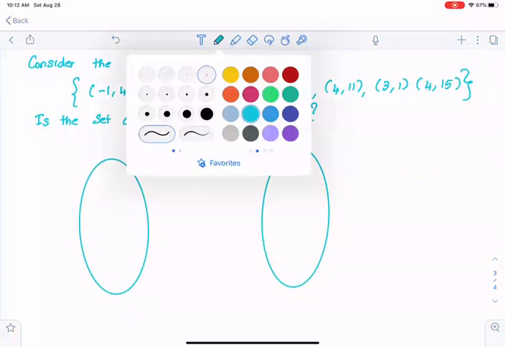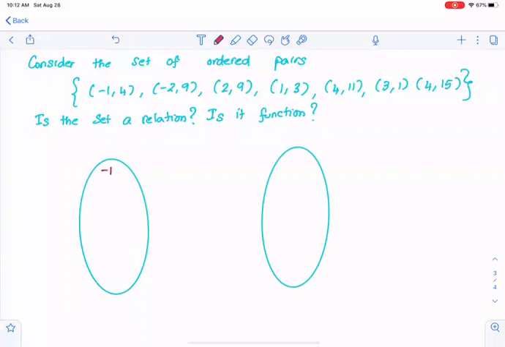So let me put in -1, -2, 2, 1, 4, 3. I already have 4, so I'm just going to leave it as is. And for the y values, I have 4, 9. I have 2 9s, I'll just leave it as is. 3, 11, 1, and 15.